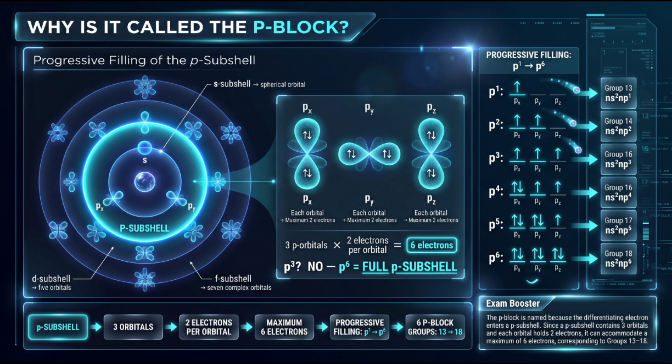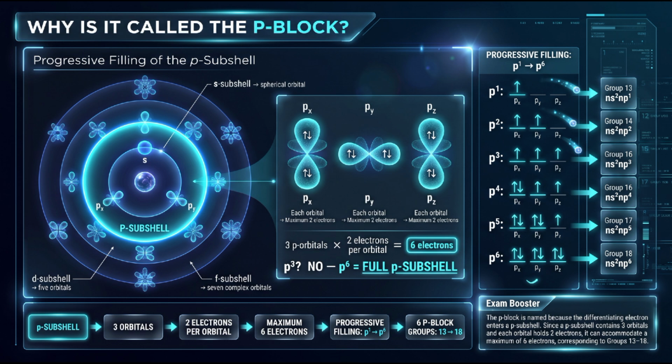This means that p-block elements generally have 3 to 8 valence electrons. Group 13 has the general configuration ns²np¹. This means that the differentiating electron enters the p subshell and produces an np¹ configuration. Therefore, group 13 is the first group of the p block. Examples include boron and aluminium.